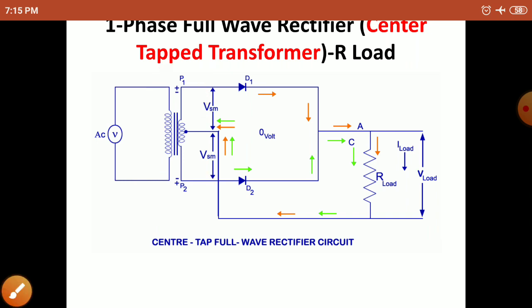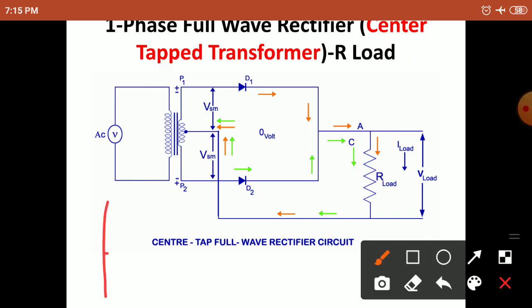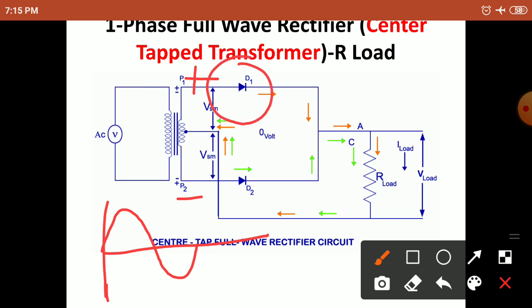In the positive half cycle of the AC, diode D1 gets the positive polarity and the other gets the negative polarity. So diode D1 is forward biased, as the anode is getting the positive polarity, and it starts transferring current from the source to the load side.